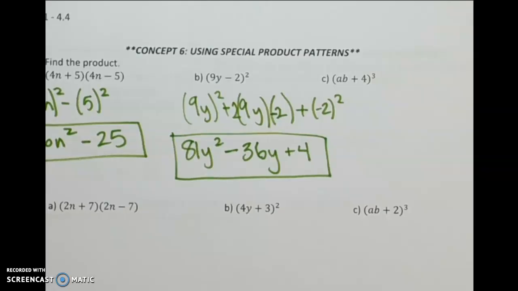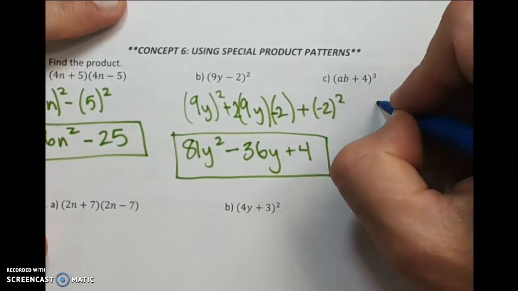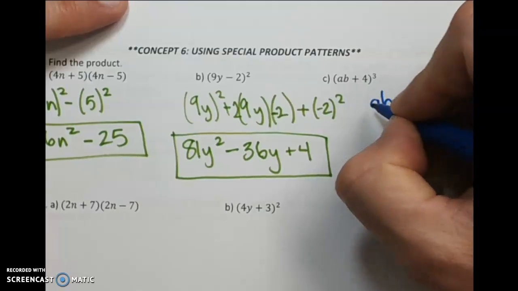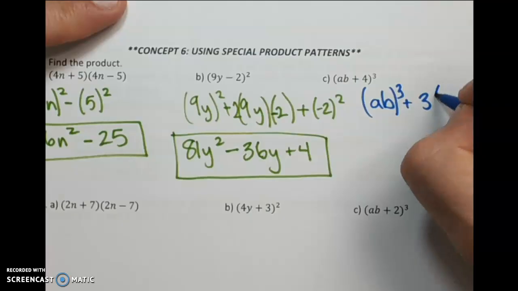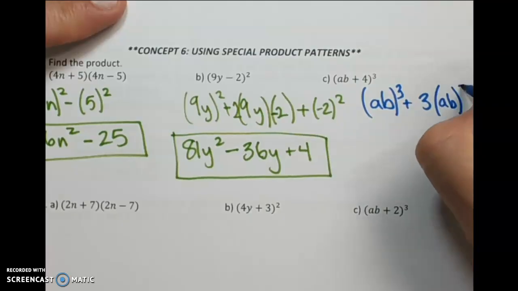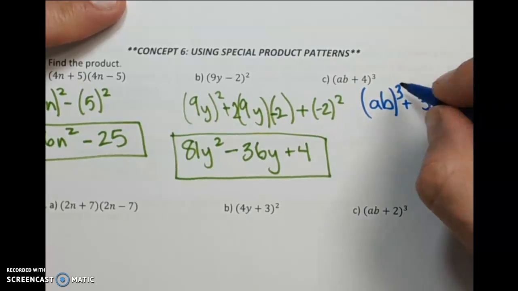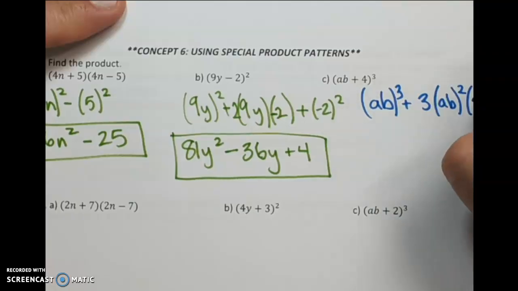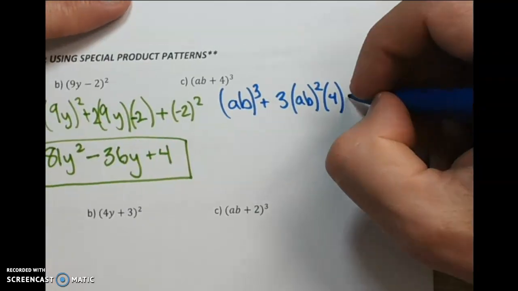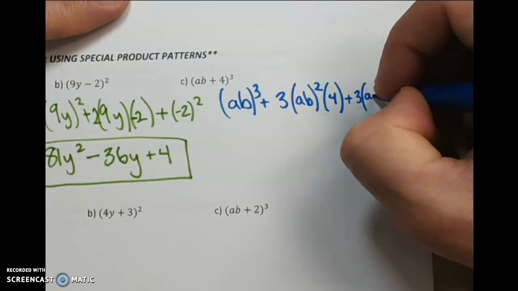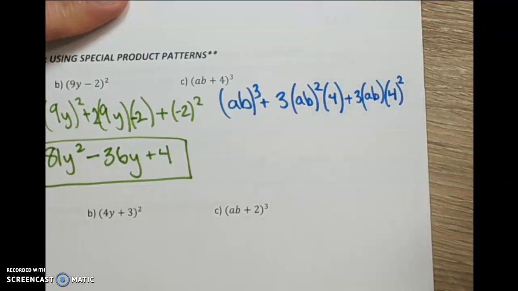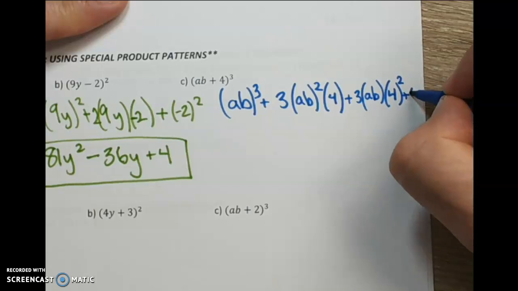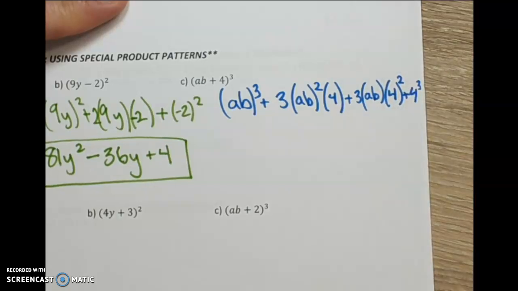Alright, this one, again, is a little trickier, a little new. Take your first term, 4b, and you cube it. It's plus 3 times your first term, 4b, squared, and then you multiply that by your second term, which is 4. And then it's going to be 3 times 4b times your second term squared, and then plus just your second term cubed.